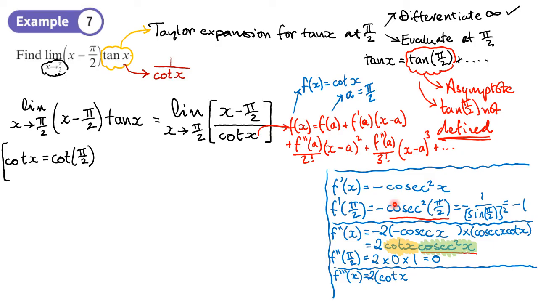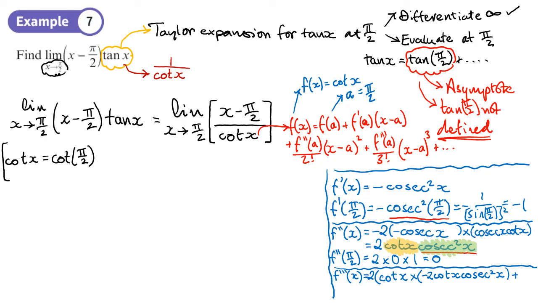We can use our first result to work out what cosec squared differentiated is. We know what negative cosec squared differentiated is, so cosec squared differentiated is basically that with a minus sign in front. So that'll be minus 2 cot x cosec squared x. That's my u v dash part of the product.